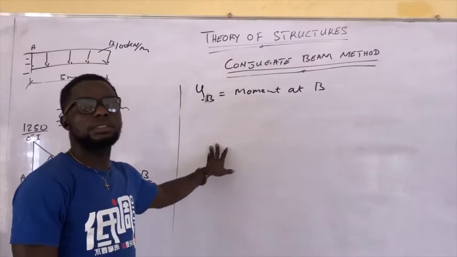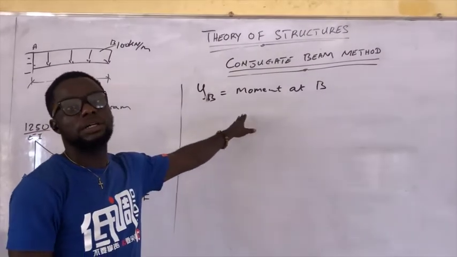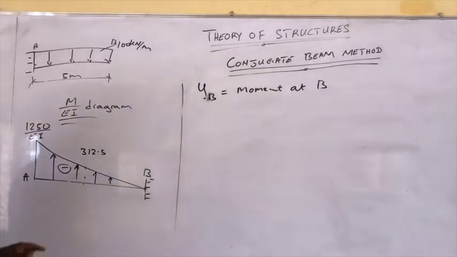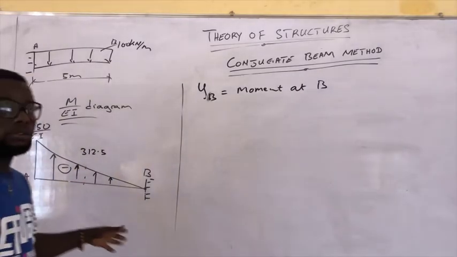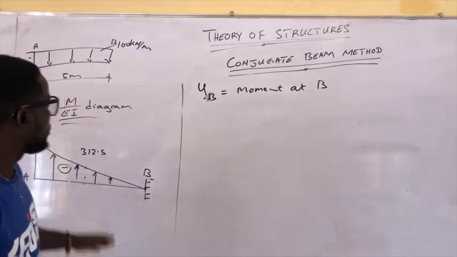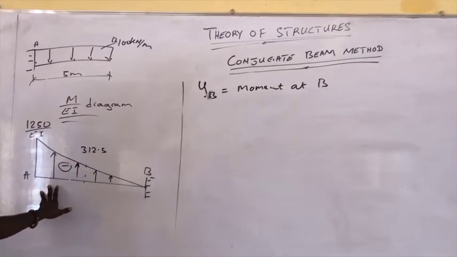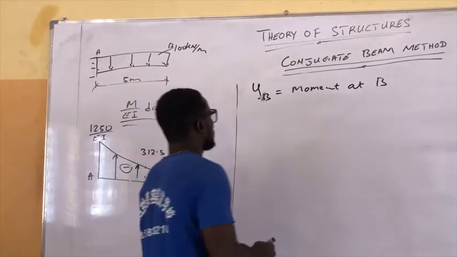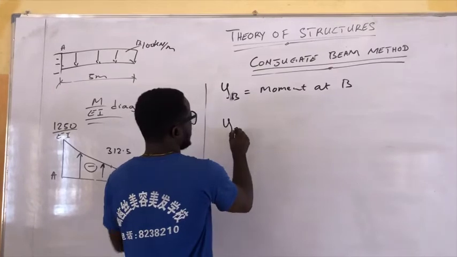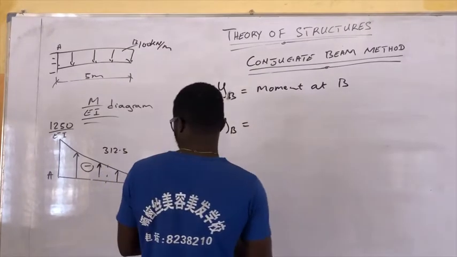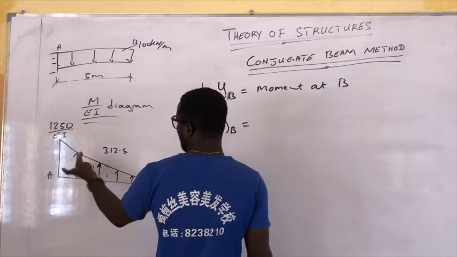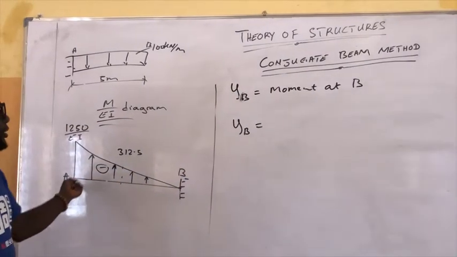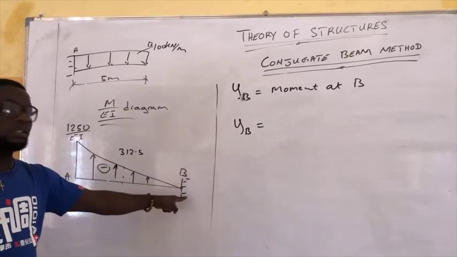Next is to calculate the deflection at B, which is equal to the moment at B on the conjugate beam. We still use the bending moment sign convention to calculate the moment at this point. So YB equals to, this is pointing upward, so it's going in a clockwise direction at this point.